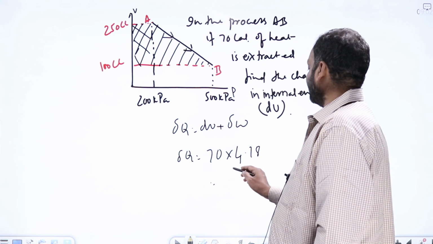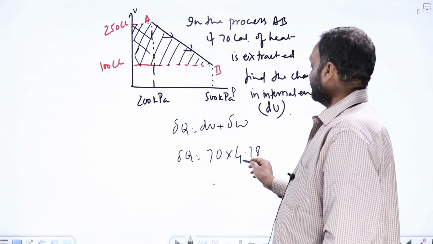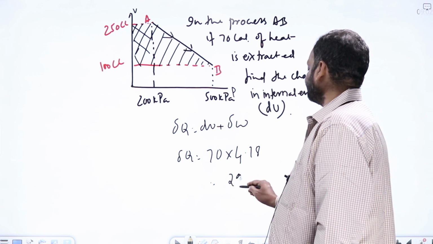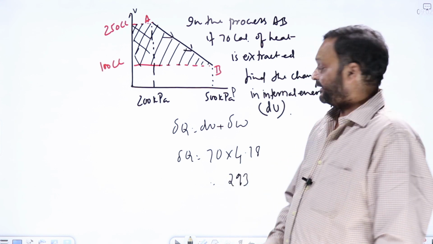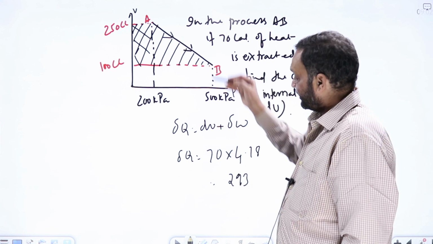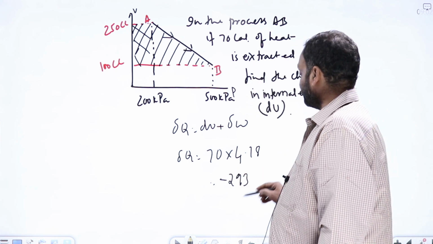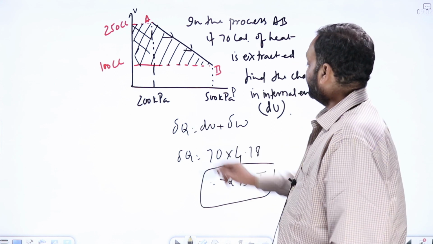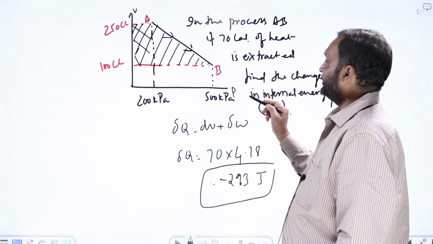It will be approximately how much? 280 into 14, 294 or 293. Around 293. Because this is heat extracted from the system, I should put a minus sign here. Minus 293 joules. That is delta Q. He's asking us dU, which means we should find delta W now.